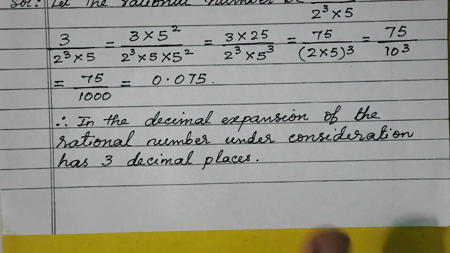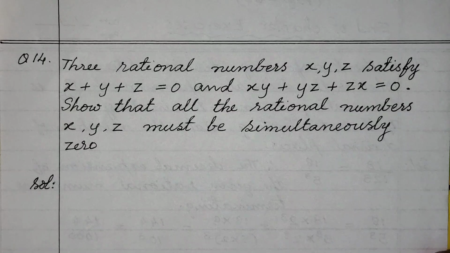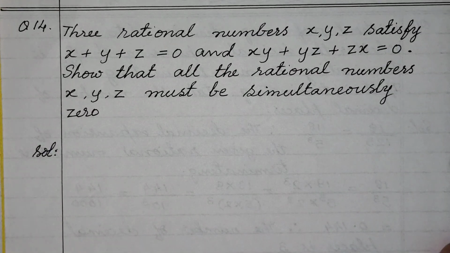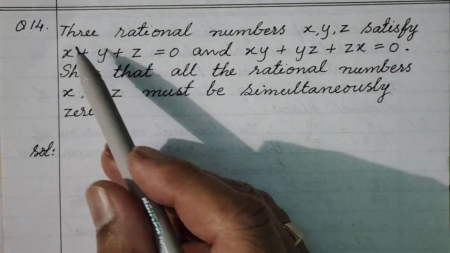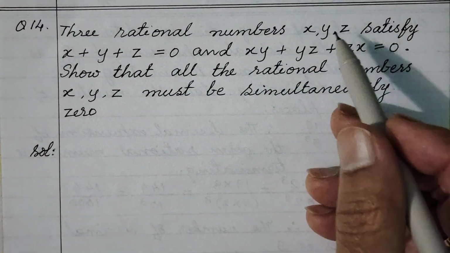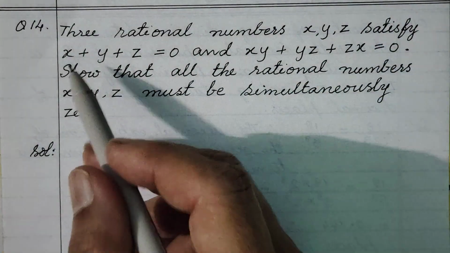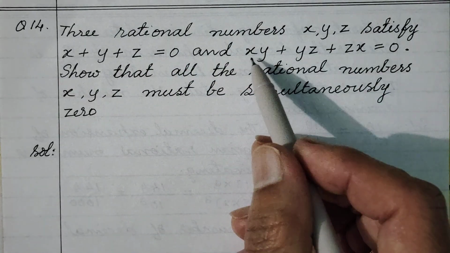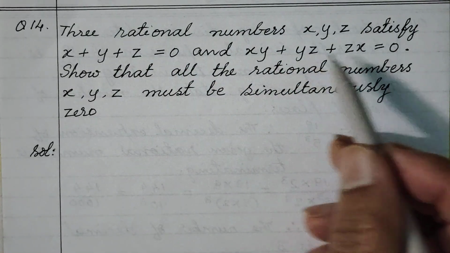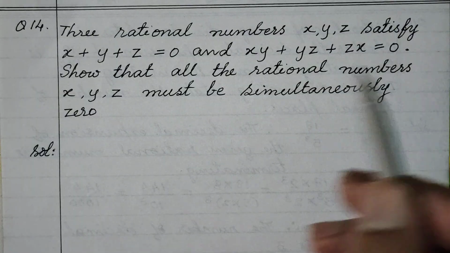So now we will go to the next question, that is the 14th question. The question says 3 rational numbers x, y and z satisfy x plus y plus z equal to 0 and xy plus yz plus zx is equal to 0.